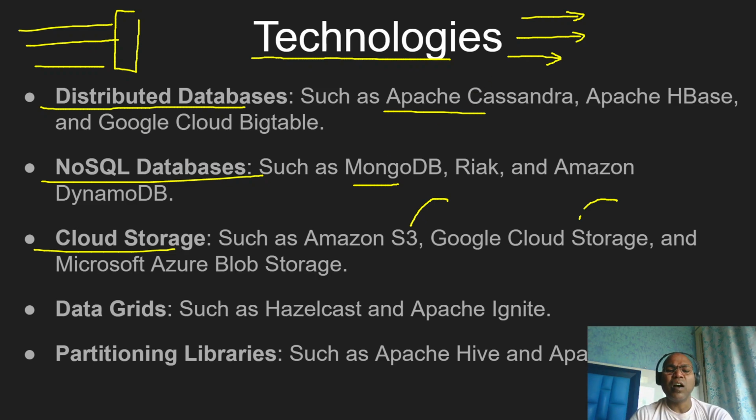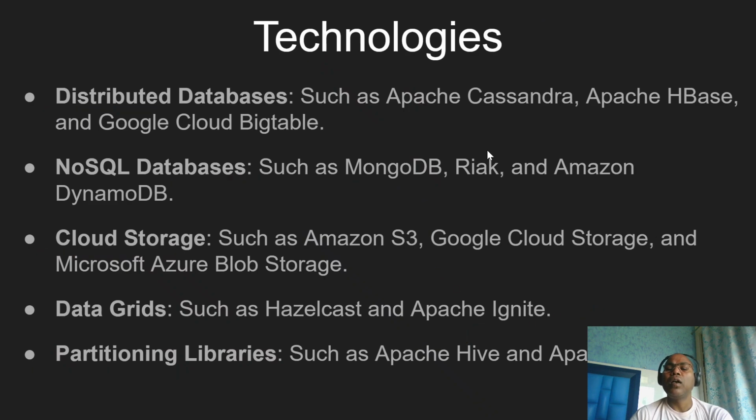Lots of libraries are available, even partitioning libraries like Apache Hive and Apache Spark. As system design engineers, our responsibility is to apply system design concepts on top of the technology available.